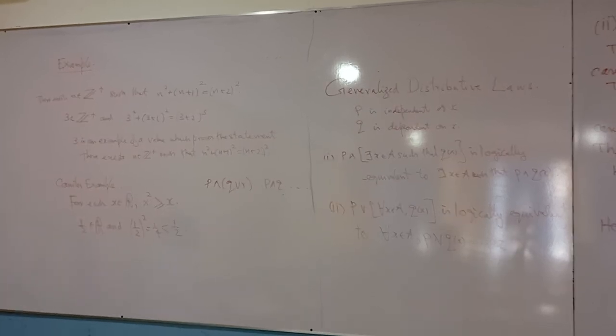De Morgan's law shows not (P or Q) is logically equivalent to not P and not Q. Not (P and Q) was logically equivalent to not P or not Q. So similarly, if you take the negation of for every x belonging to capital A, P(x), what is it?